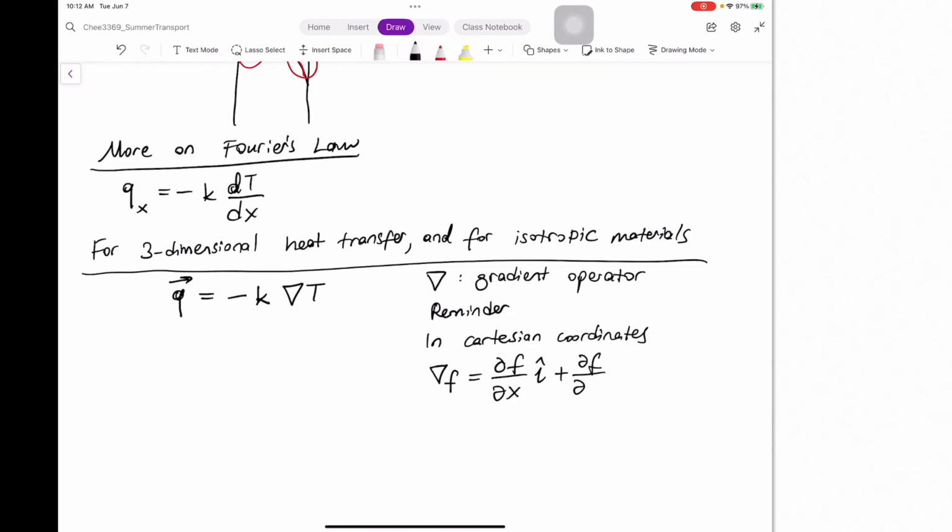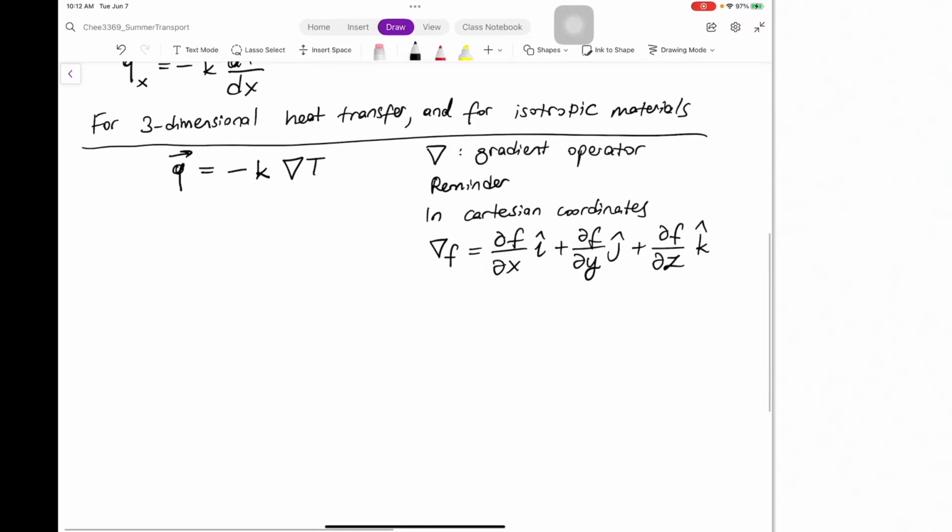Del f over del y, j. j is the unit vector along the y direction. Plus the derivative of the function with respect to z, and that gives us the z component, which is denoted by k, which is the unit vector along the z direction. So this is in Cartesian coordinates.